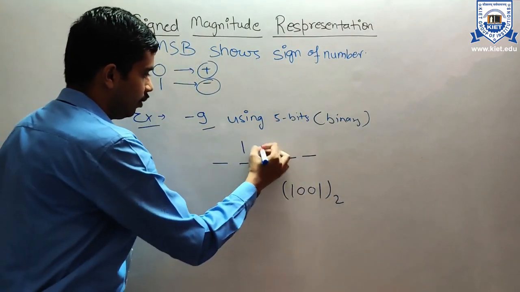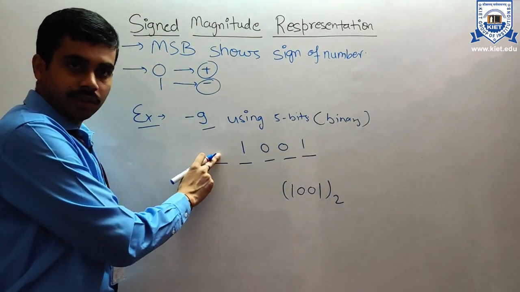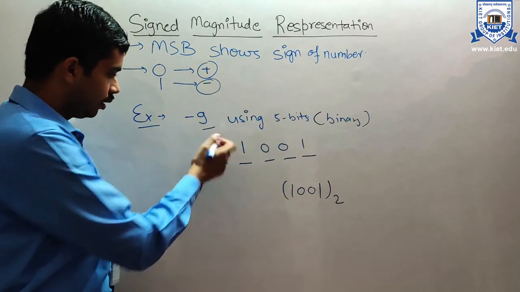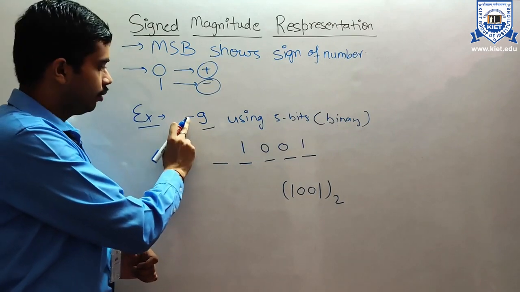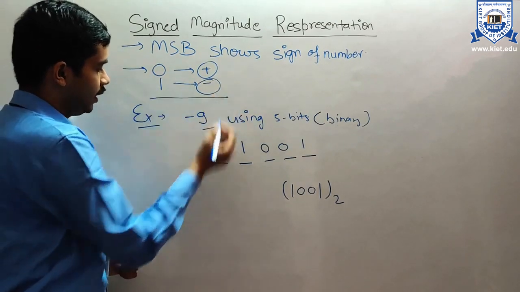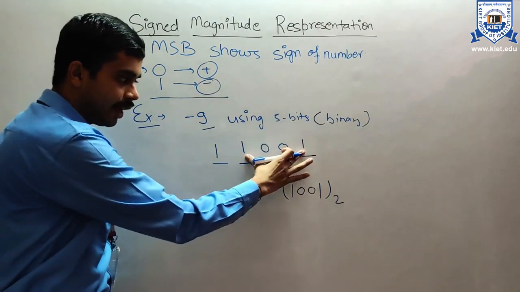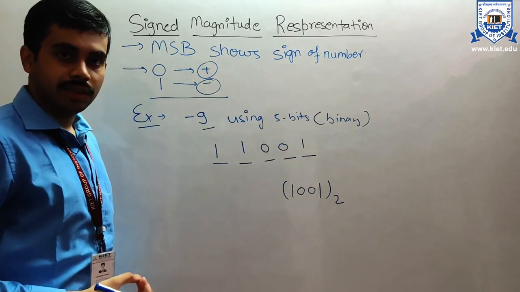So it will be 1001, and the MSB, that is our fifth bit, the leftmost bit, will show that it is negative. Because it is a minus sign, it will be 1. So minus and 9. In this way we show our sign and magnitude representation.